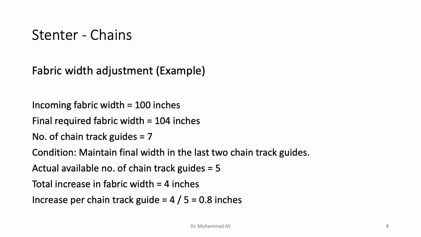So in this case, we can calculate how much fabric width we can increase per chain track guide. The total increase that is required divided by the total number of chain track guides that are available to achieve that increase, that is 4 divided by 5 in this case, which is 0.8 inches. This means that on each chain track guide, we can achieve an increase of 0.8 inches in the width of the fabric.